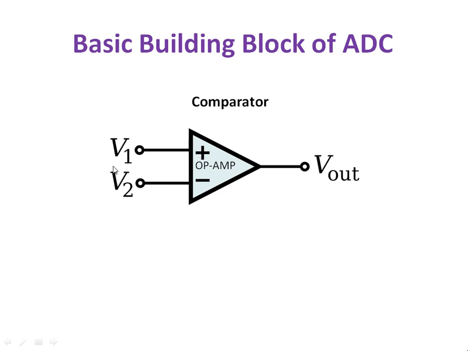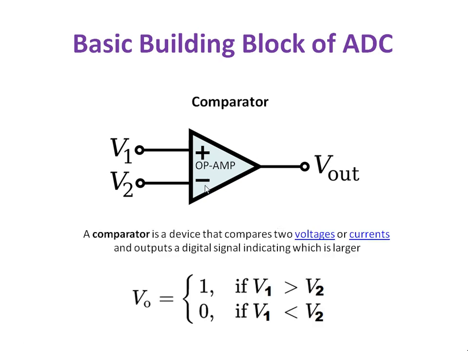The potential connected to the positive terminal is known as V1, and V2 is connected to the negative terminal, and the third terminal is the output. So your operational amplifier or IC741 is acting as a comparator. It compares the two signals V1 and V2 and produces the output.